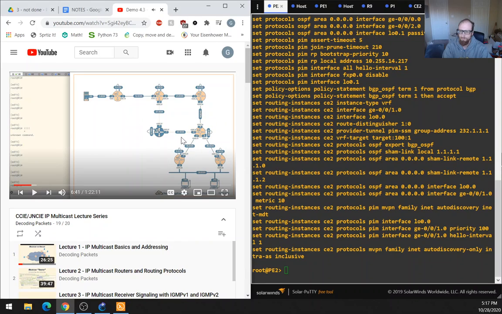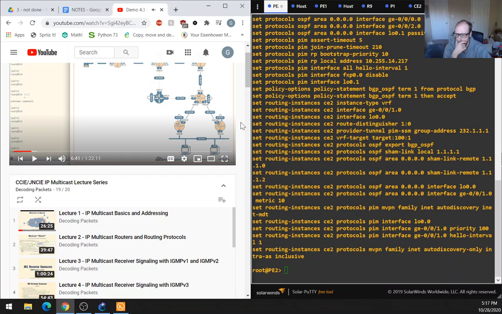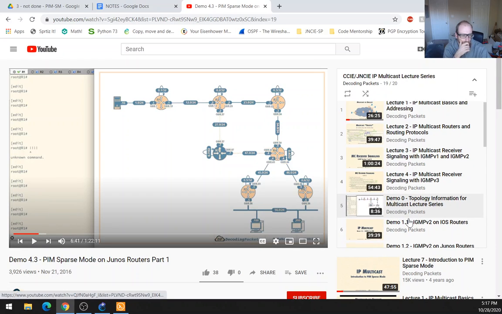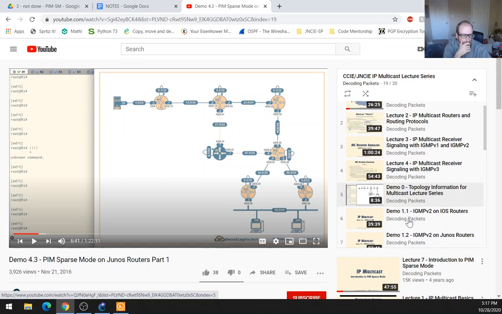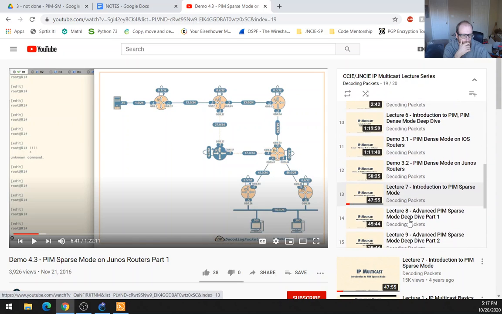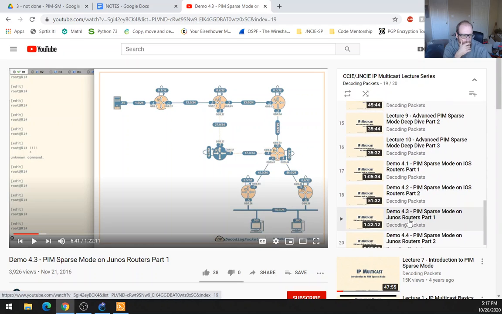Okay, so you said there's a demo that sets up this topology, so did I skip? Oh yeah, it looks like I'm on demo 4.3. Oh no, that's the dense mode demo.